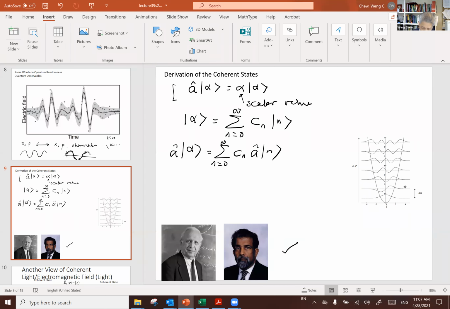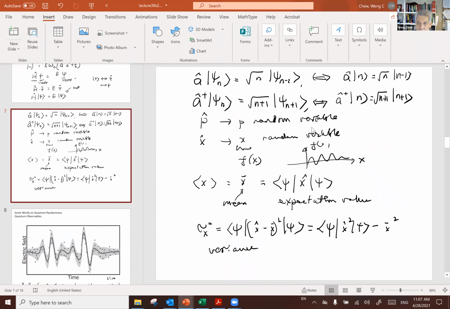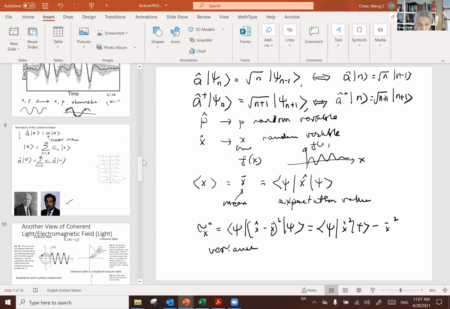The annihilation operator, as I said before, is an operator that would lower the photon number states. I didn't prove this, but you can actually prove it by back substitution. You plug in the wave function for the photon number states, and you find that this is true, and it can be written more tersely in this manner.